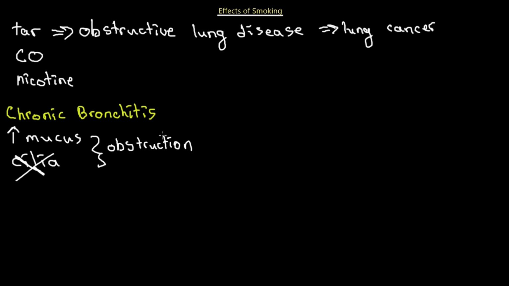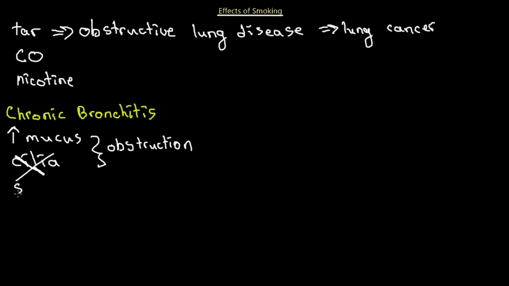Now this causes more problems because when mucus is not moved along, the viruses and the bacteria and all the germs build up within the bronchioles that are obstructed, because there's no movement of air, there's no cleaning action. So this causes even more problems when bacteria and viruses actually collect inside of the bronchioles. And this is typically what stimulates the smoker's cough.